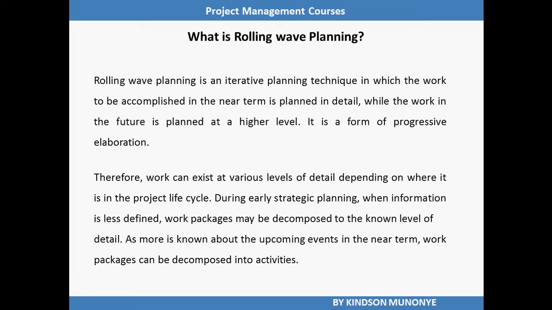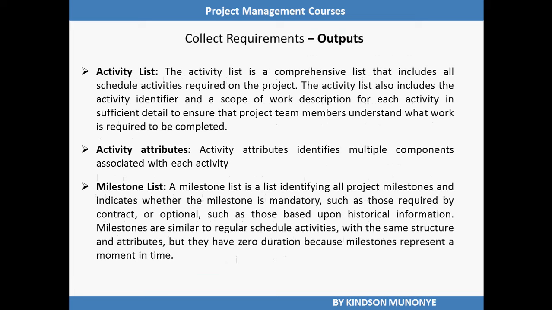Alright, let's now look at the outputs. The outputs are three: activity list, activity attributes, and milestone list. The activity list is a comprehensive list that includes all scheduled activities required on the project.